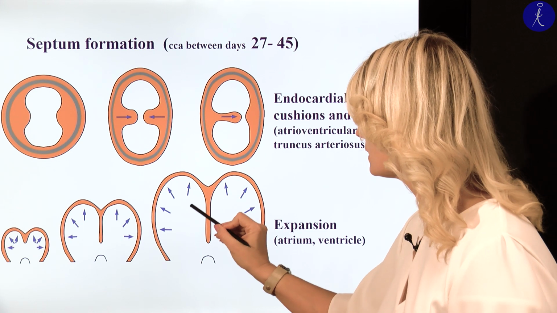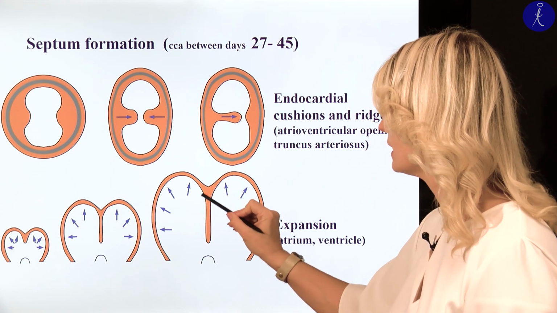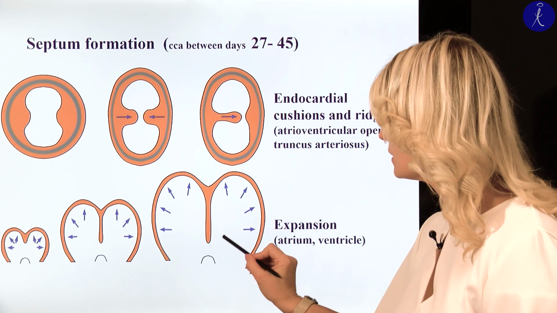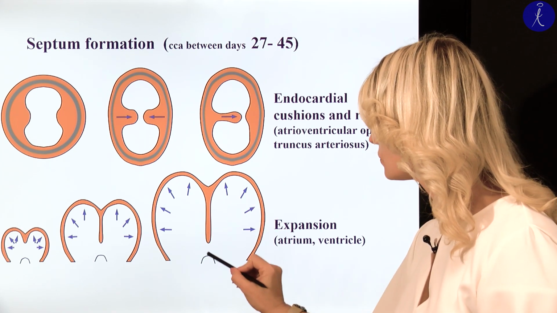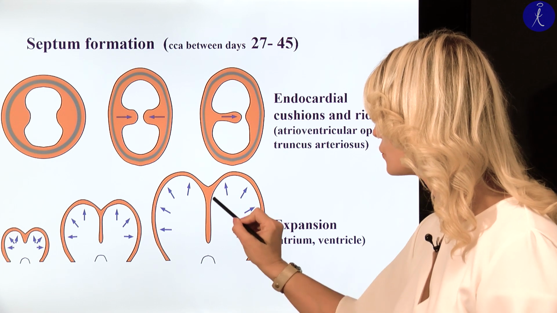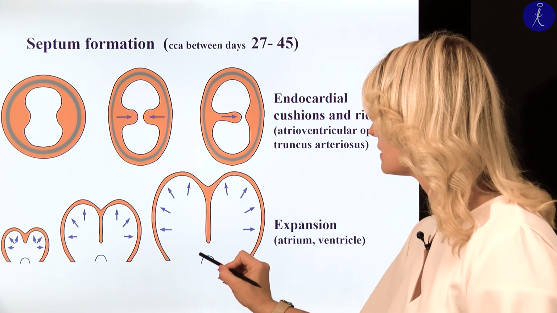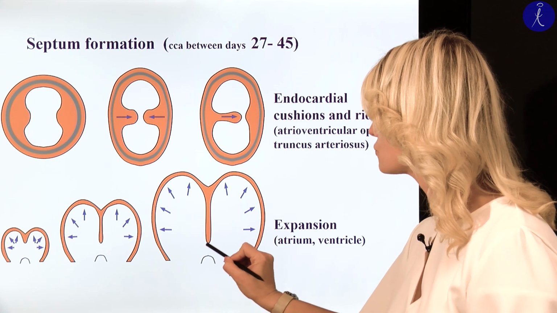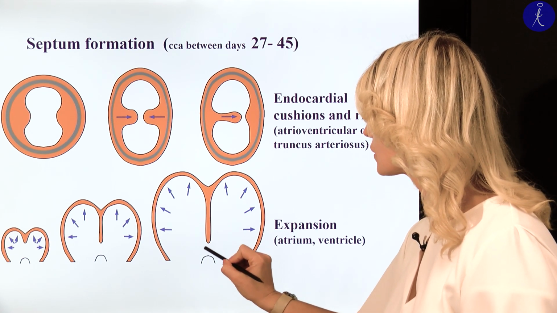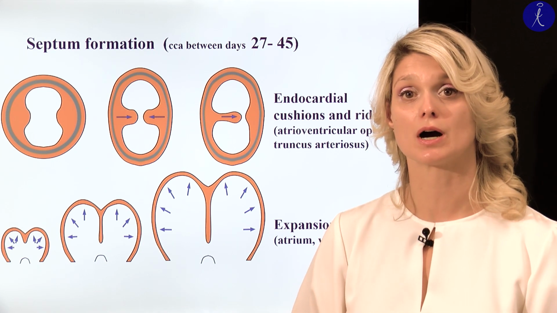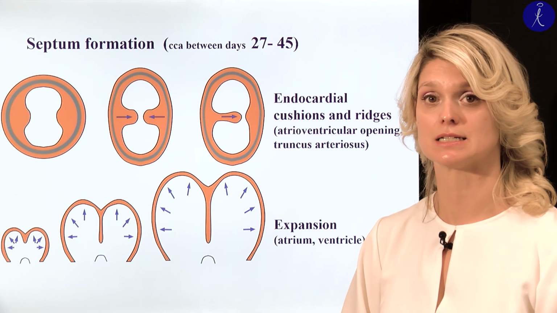So this part which is not growing will remain like a septum. But as you see, here we have not a total, not a correct closure between the two main parts. For this, we need an additional structure like a cushion, which will close this communication between the two main parts of this cavity.